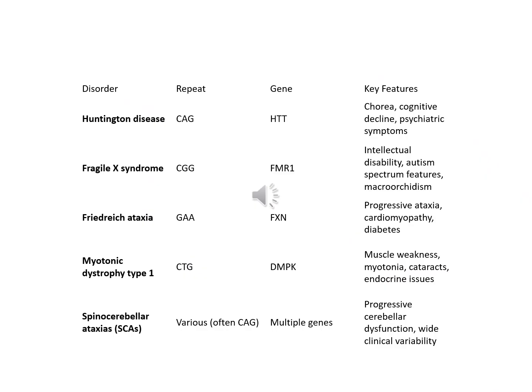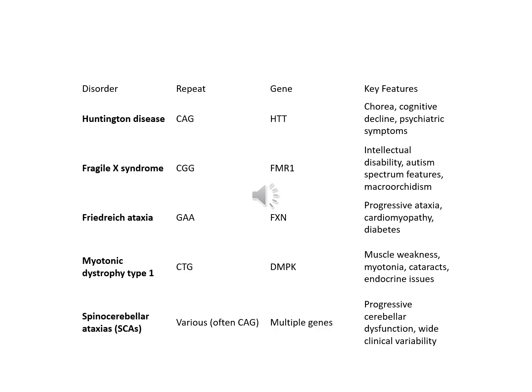The trinucleotide repeat disorders occur when a short DNA sequence of three nucleotides, for example CAG, CGG, CTG, GAA, is repeated excessively. Normal repeats are stable, but once they cross the threshold, they become unstable and pathogenic.